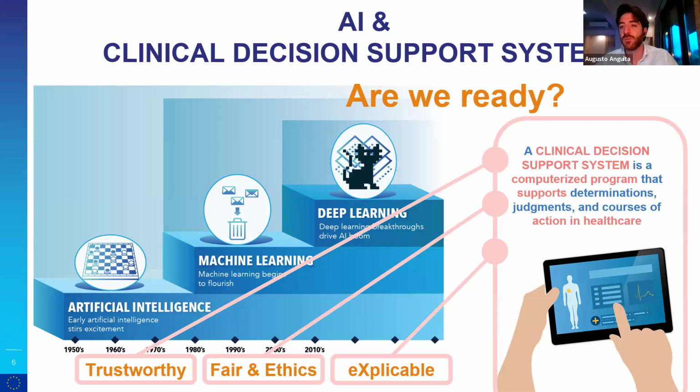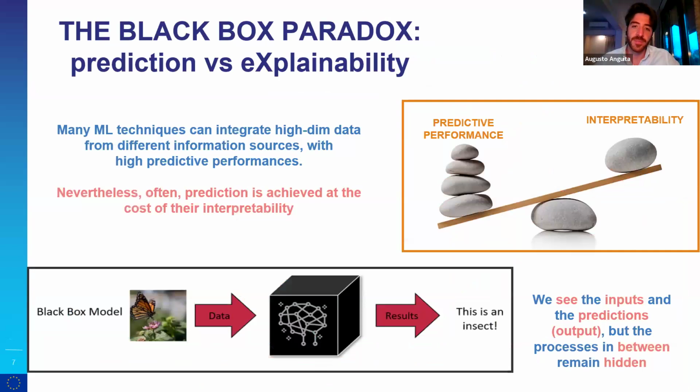A clinical decision support system cannot make distinctions between social classes or between different populations for any reason, ethnicities, for example. And of course, it needs to be explicable. If the system makes an error, we need to know why and understand what happened in the system.